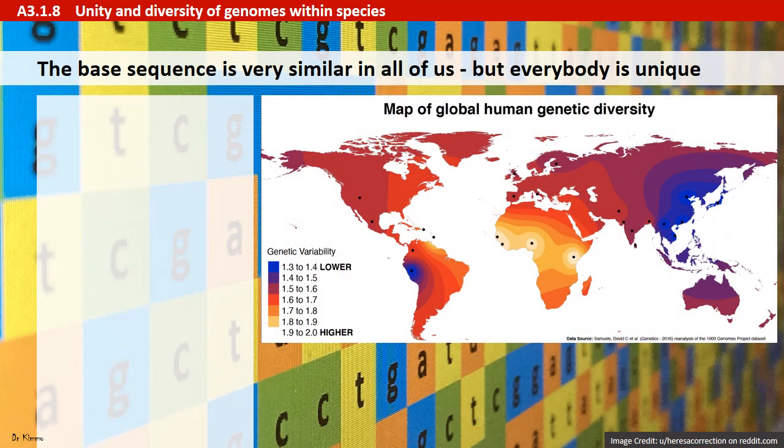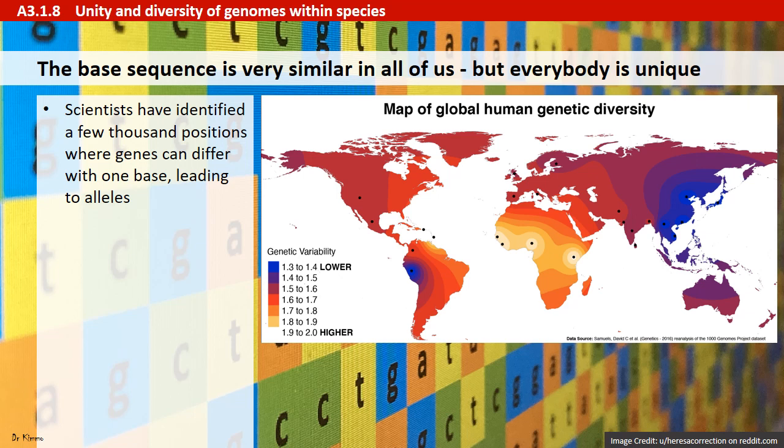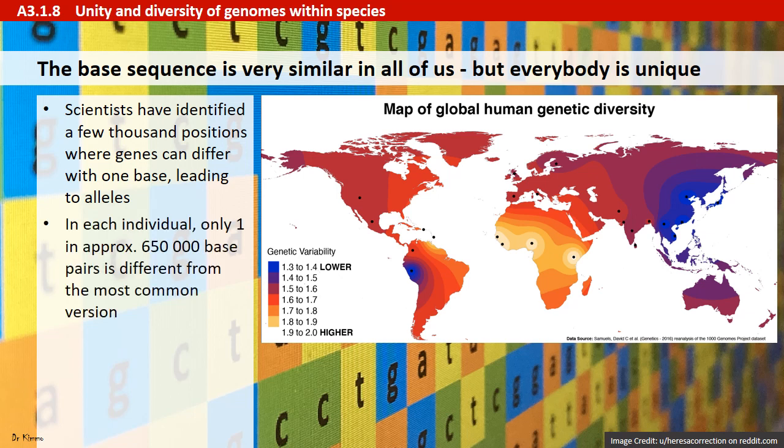The base sequence is very similar in all of us, yet everybody is unique. Scientists have identified a few thousand positions where genes can differ with one base, and this leads to alleles. In each individual, only one in approximately 650,000 base pairs is different from the most common version.